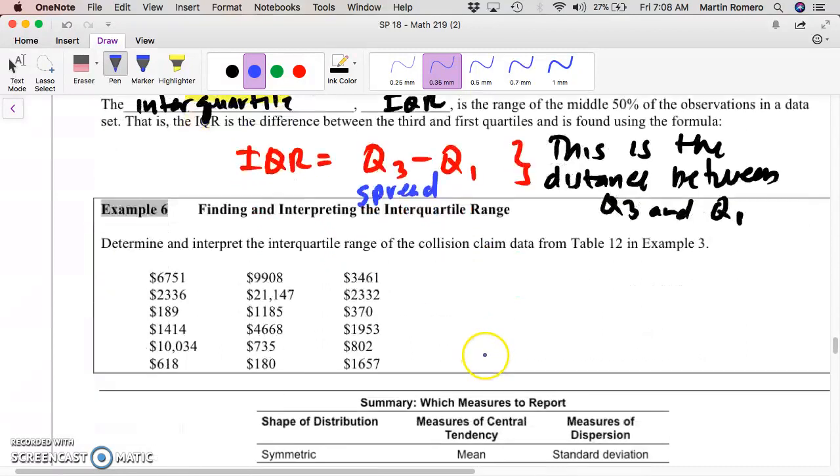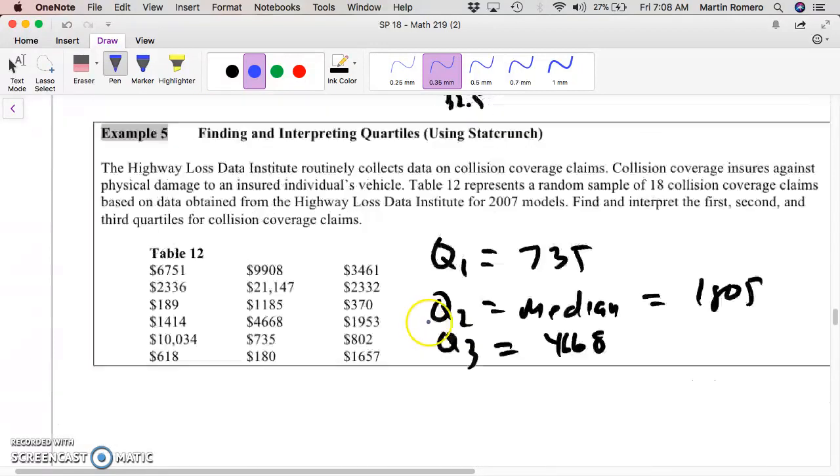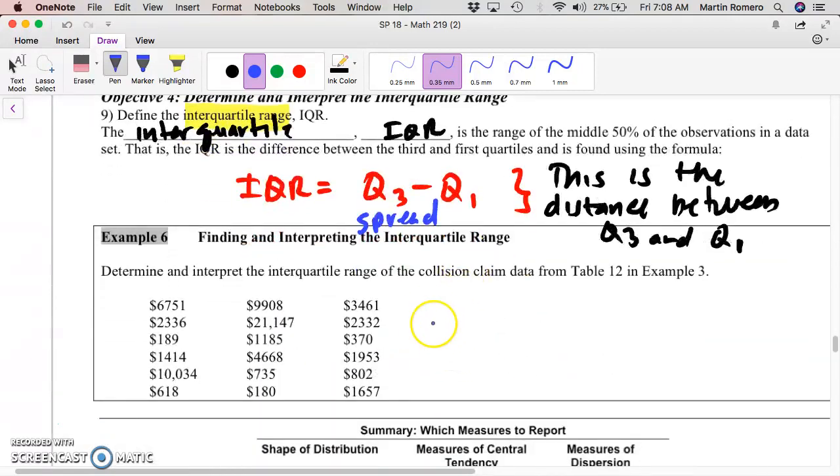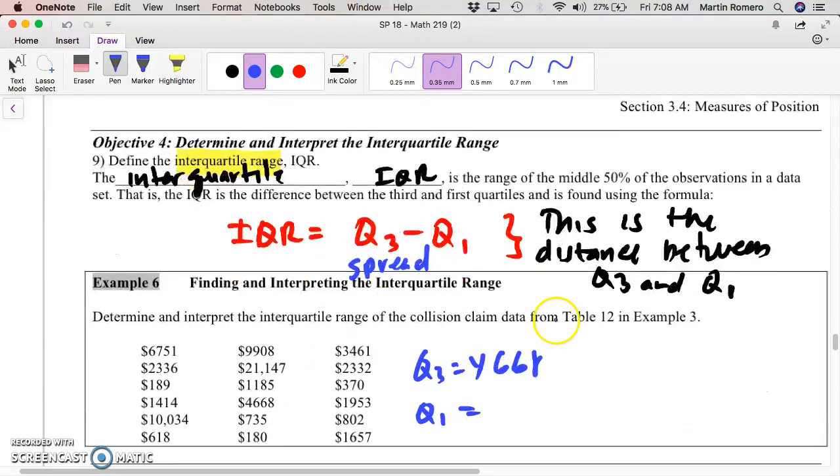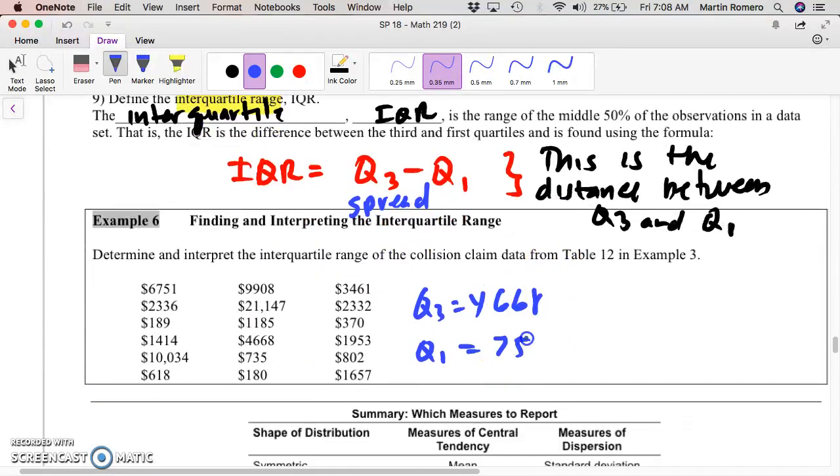And so calculating it is pretty simple. We already have the values: Q3 is 4668, Q1 is 735, and so IQR is equal to 4668 minus 735.